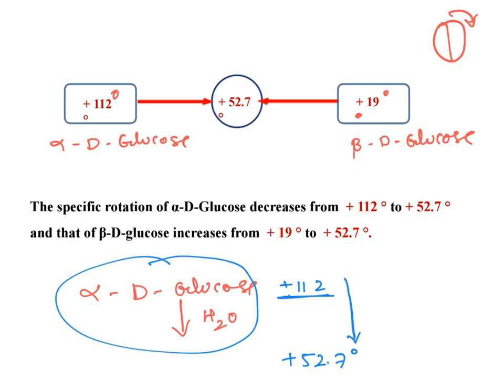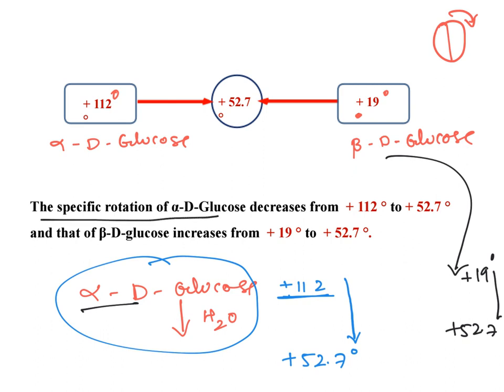Similarly, if we take beta D glucose, it is initially 19 degrees. If I dissolve it in water and record the specific rotation, slowly this value increases to plus 52.7. So whether we take alpha D glucose or beta D glucose, the specific rotation changes, and finally it becomes constant.